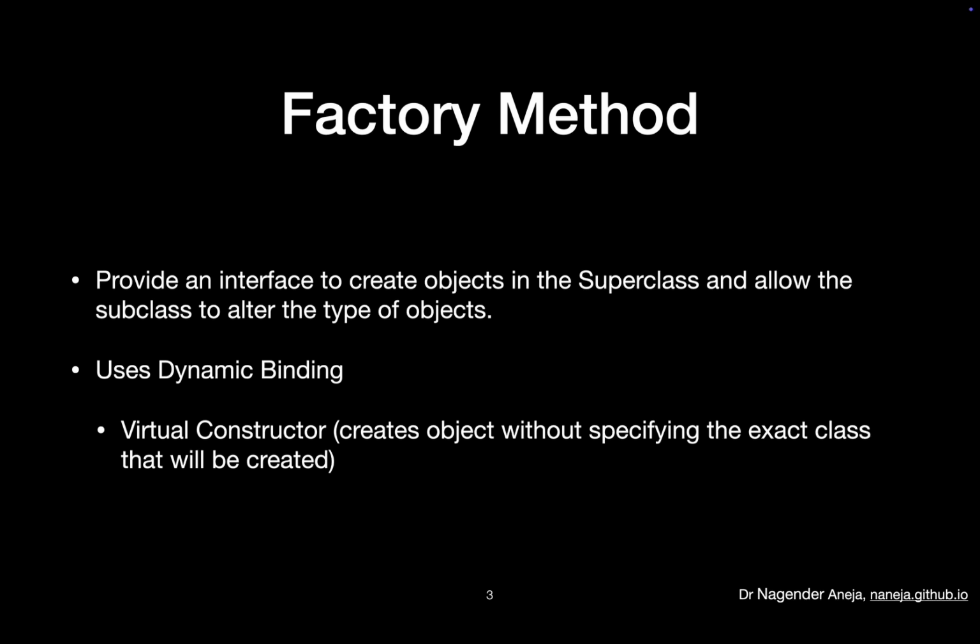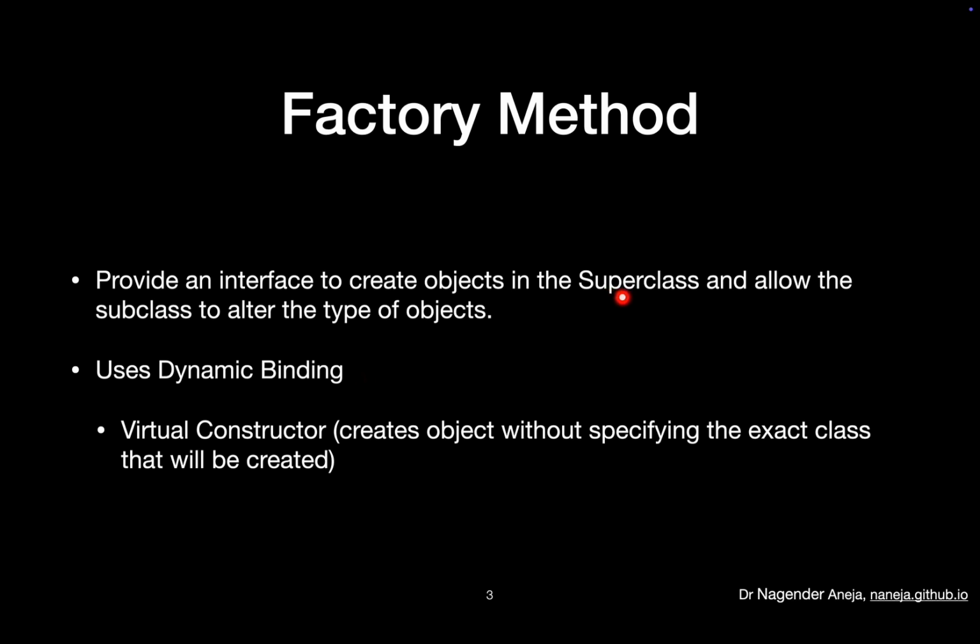So the subclasses will decide what type of objects are created, and the superclass is an interface or an abstract class. So we need an abstract class that creates an object but does not specify which object. This will help us to extend the type of the objects that we want to create, right? So that's the benefit here, and we can use dynamic binding here.